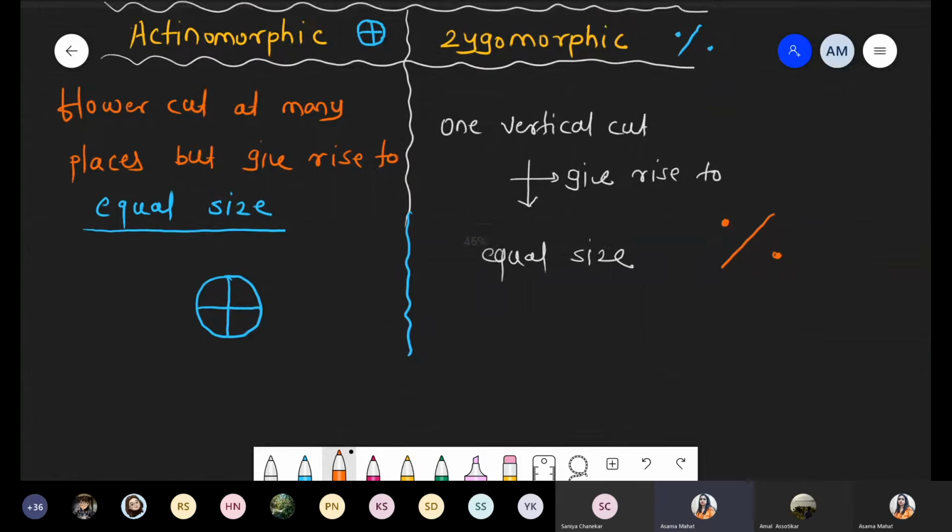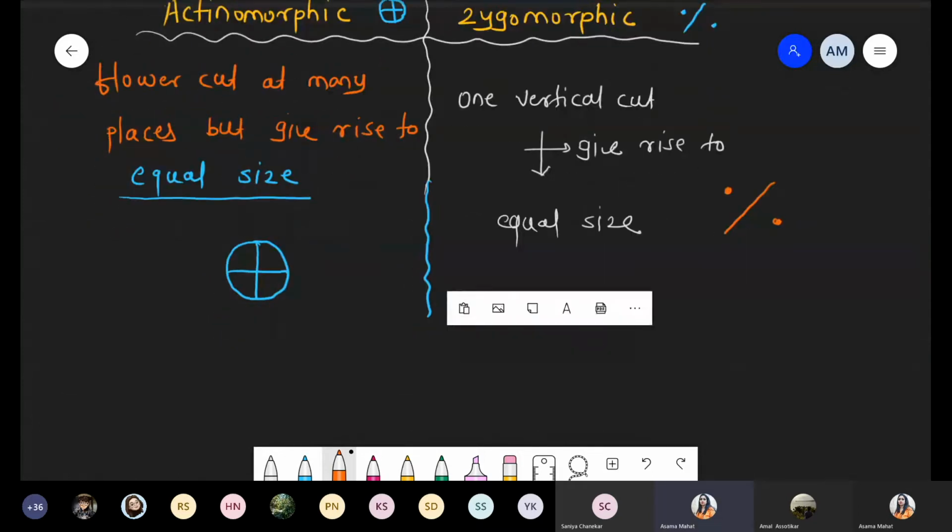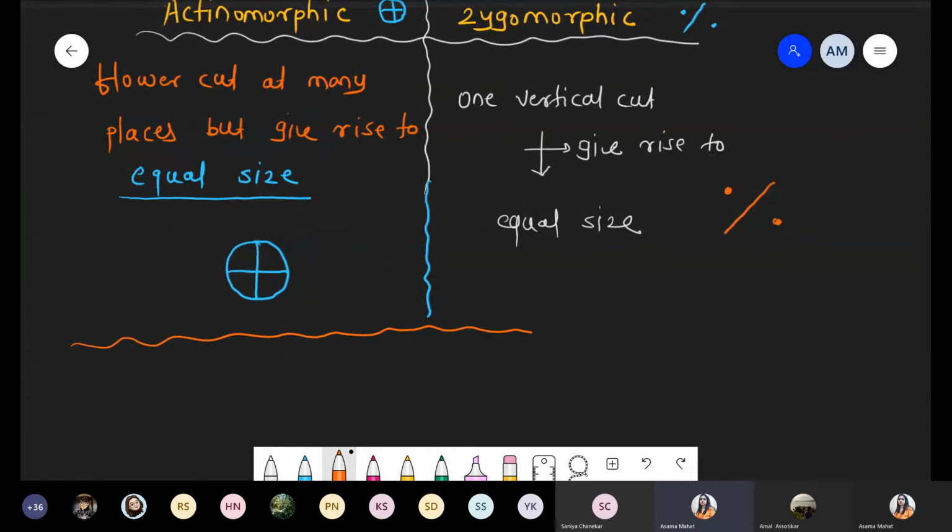Next point, we are taking examples under actinomorphic and zygomorphic. Under actinomorphic, we can divide by many cuts. Many cuts means many vertical cuts, and it gives rise to equal size. So simply we take the example of the Brassicaceae family, Brassica.